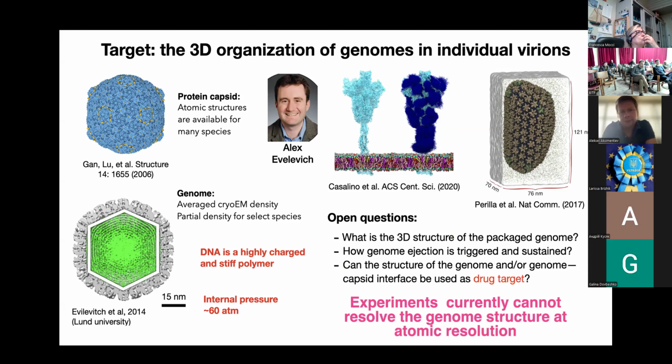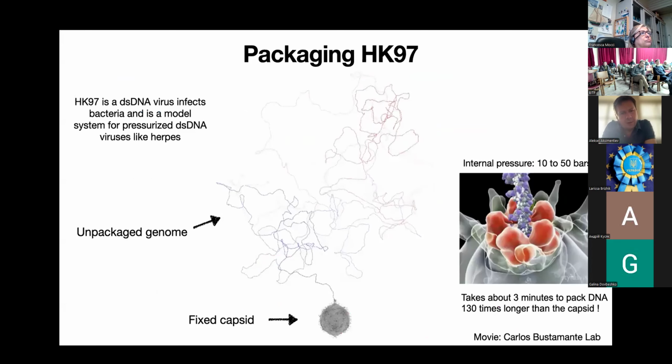And one motivation for us was that if indeed we can resolve the structure of the genomes, perhaps there are some drug targets that we can use. So we decided to determine the structure through brute force simulations. We decided to package DNA into the capsid, right?